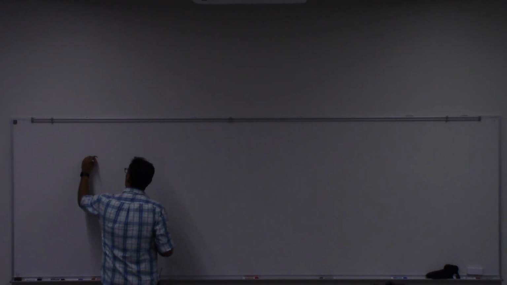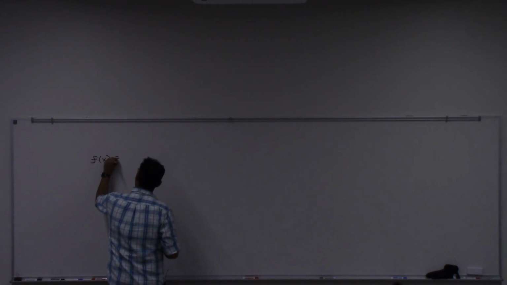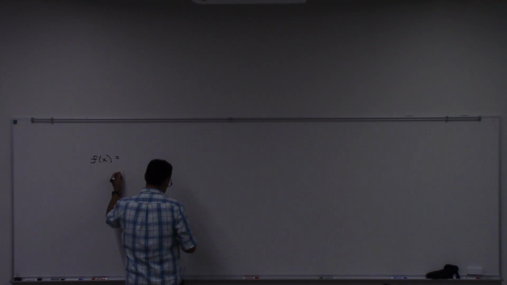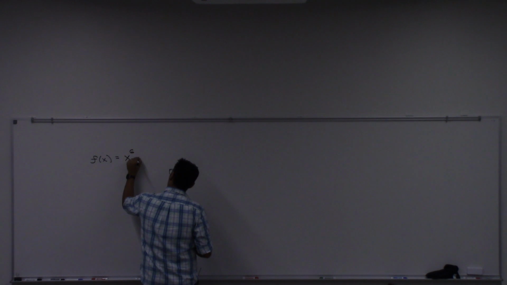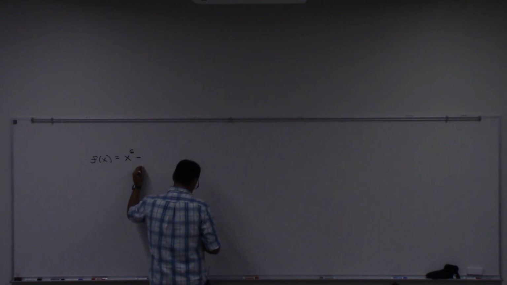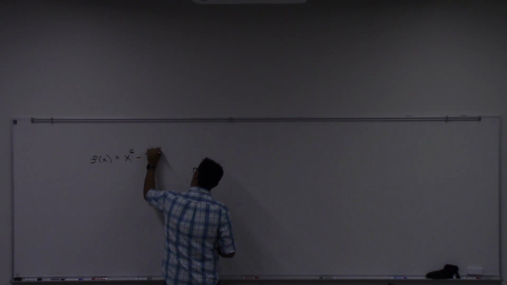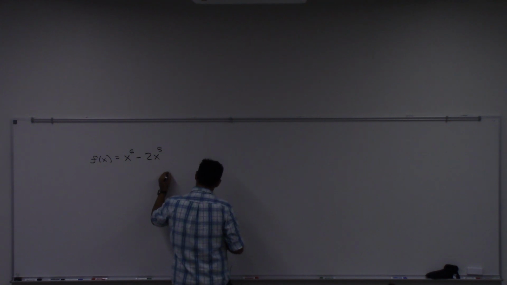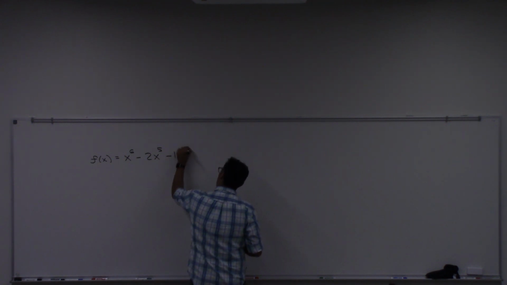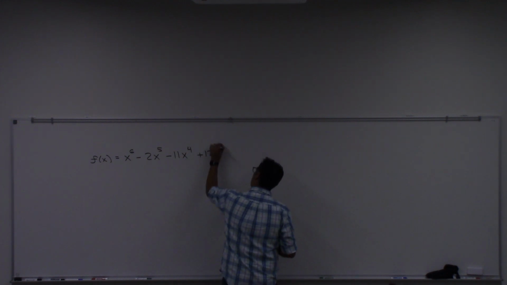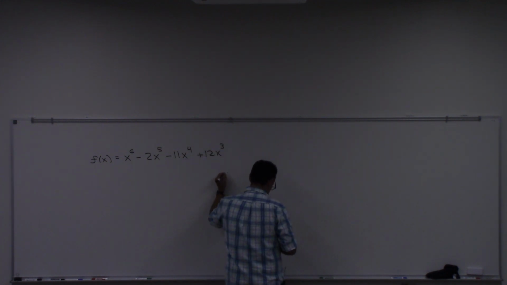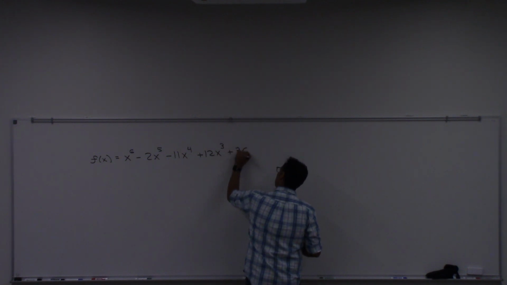I want you to do x to the 6th minus 2x to the 5th minus 11x to the 4th plus 12x cubed plus 36x squared.